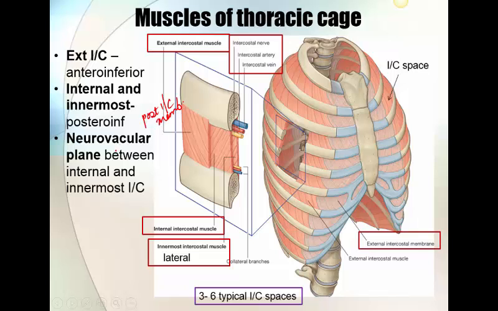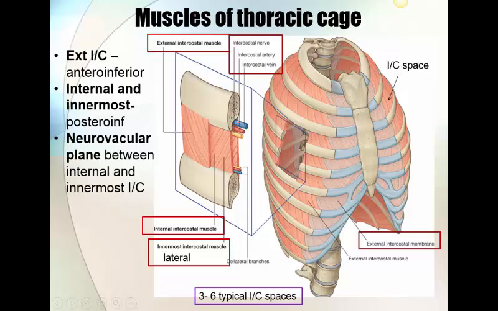Now, the nerves and blood vessels lie in a plane which is called the neurovascular plane, and that's between layer 2 and 3. So this neurovascular plane is between the internal intercostal muscle here and the innermost intercostal muscle up here.